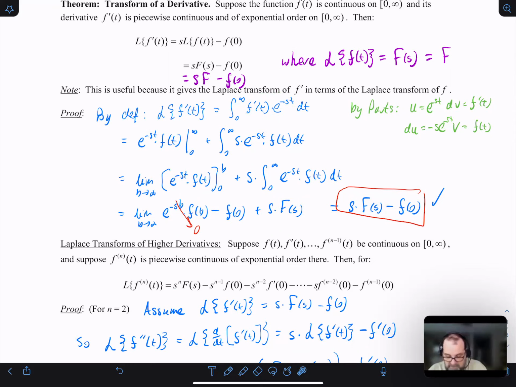If I pick u to be e to the minus st, which is a bit non-traditional for by parts, but then I pick dv to be f prime, this works because, of course, we can integrate f prime.